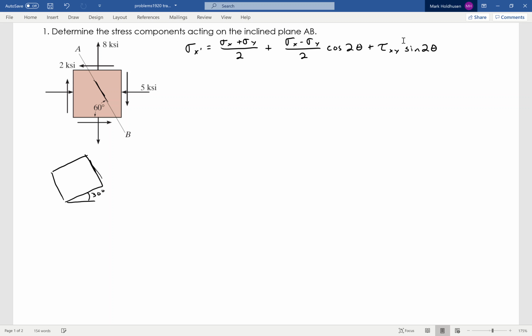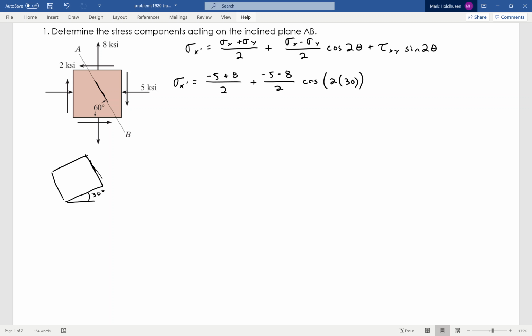Okay, so going ahead and plugging in my values here, I can find my new x prime axis. This will be the one up and to the right, and I can just plug in -5 because the x is in compression there, plus 8 over 2. Again, the y is in tension, so it's plus, plus -5 minus 8 over 2 cosine of 2 times 30, because again, I'm rotating up 30 to get to that angle shown there.